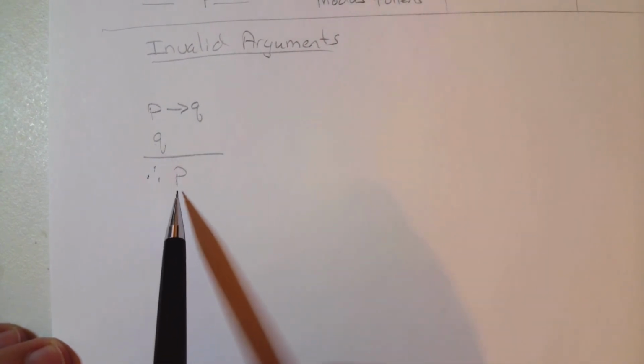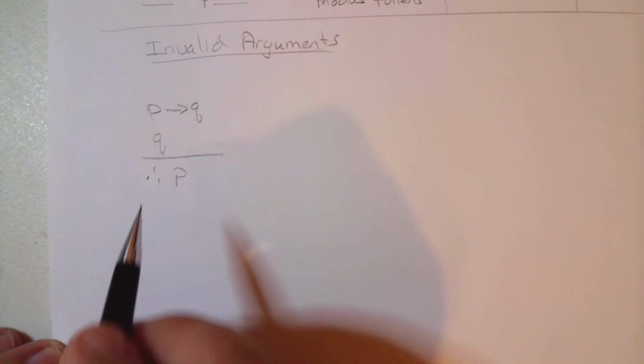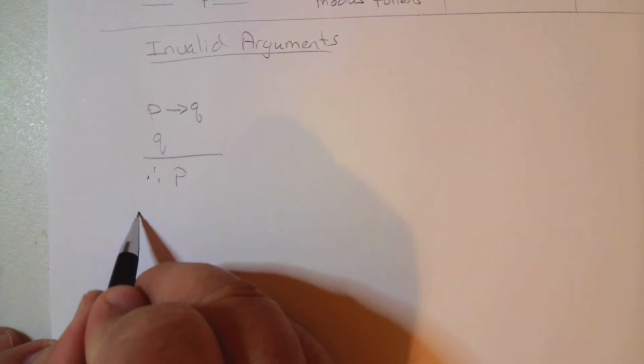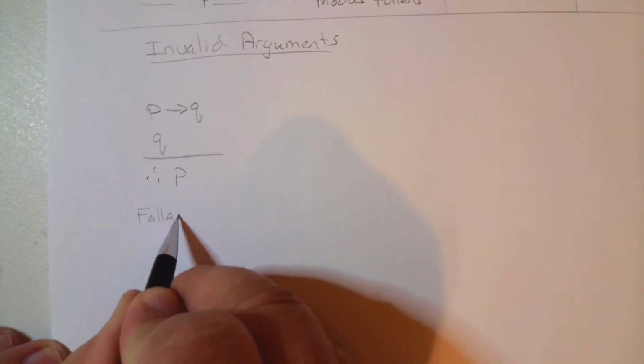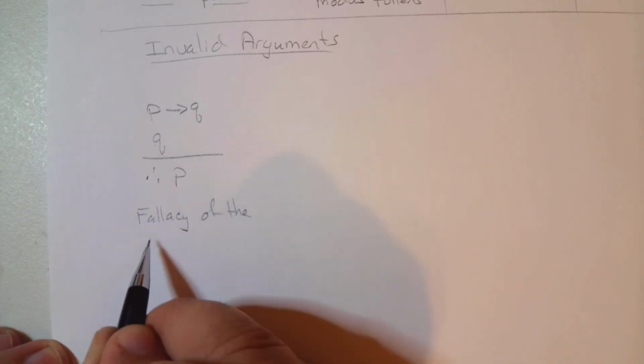It's raining, so it has to be Tuesday? No, it could be Sunday. It could be raining on Sunday also. This is called the fallacy of the converse.